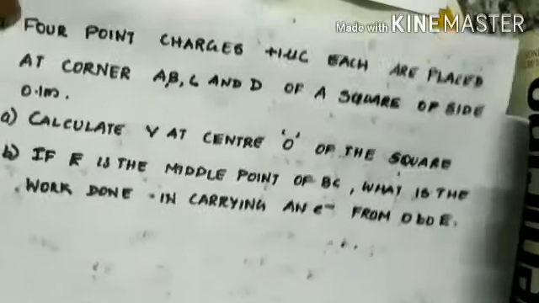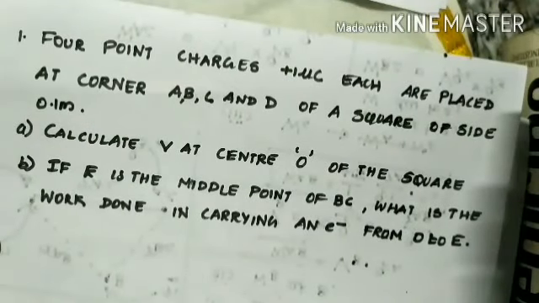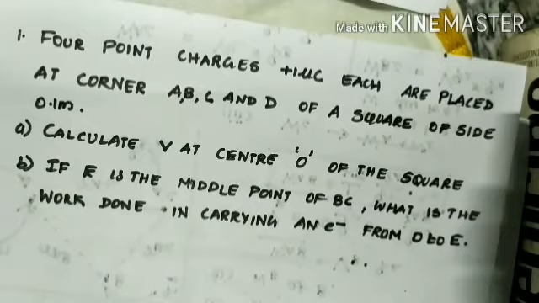You're given, if E is the middle point of BC, what is the work done in carrying an electron from O to E? So guys, you have to draw the diagram again.